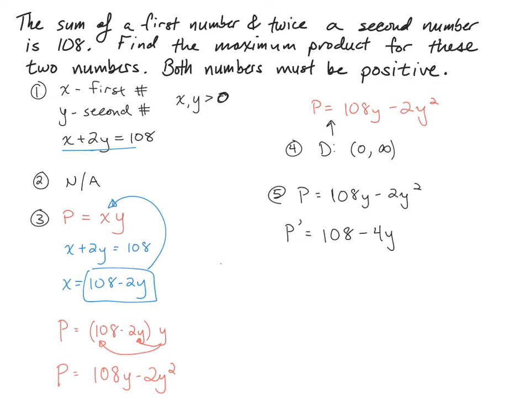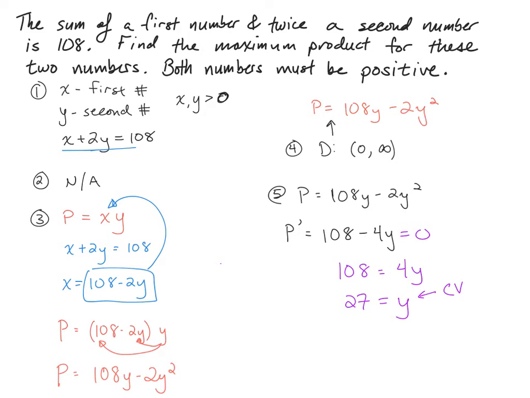So instead, we will set it equal to 0 and solve for y. We can add 4y to both sides and divide both sides by 4. So y equals 27. This is a critical value.